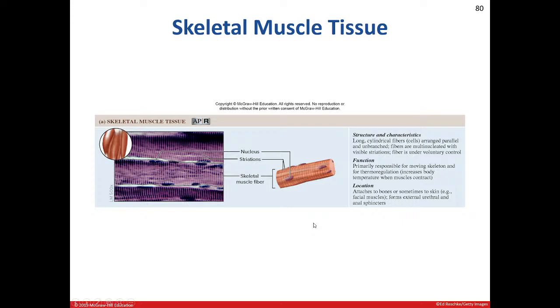But for the most part, skeletal muscle only contracts when you tell it to. It definitely only contracts when it's stimulated. Here you can see those alternating patterns of light and dark, especially in the purple: light purple, dark purple, light purple, dark purple. That is striation. And in the cartoon, as well as in the histological slide, you can see multiple nuclei.